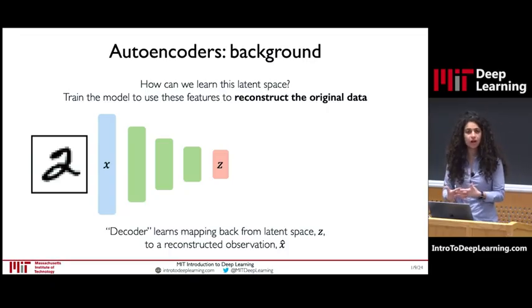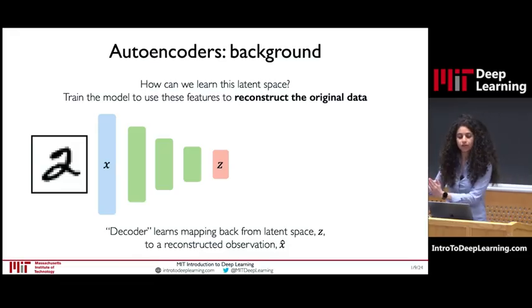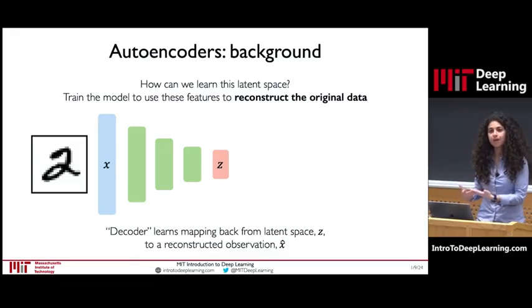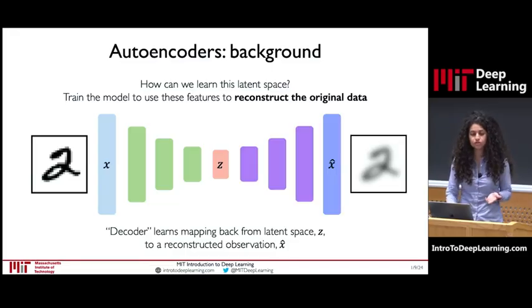The concept of the autoencoder is, well, okay, if we're going to start from high dimensional data like an image and move down to low dimensional data, maybe we can use reconstruction of the data as effectively a task, an unsupervised task, to teach the model to learn this encoding.